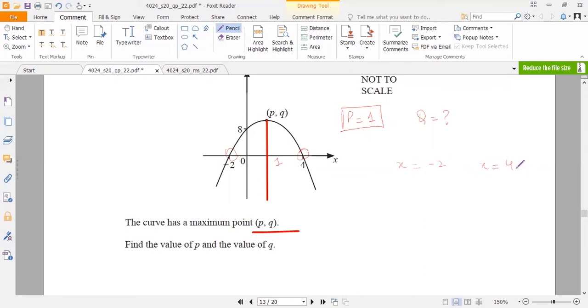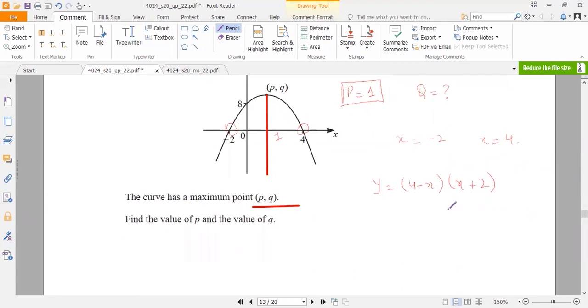Okay, as the curve has a maximum point, it will be (4 minus x)(x plus 2). Okay, now we need to multiply these two brackets. So it will be 4x plus 8 minus x square minus 2x. It will be minus x square plus 2x plus 8. This is the equation of this curve.